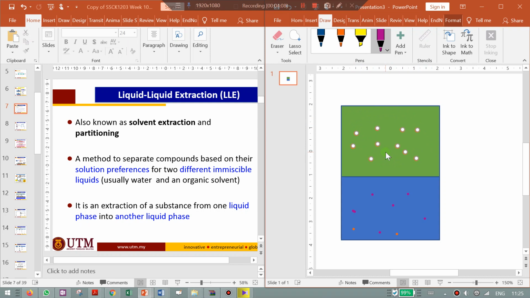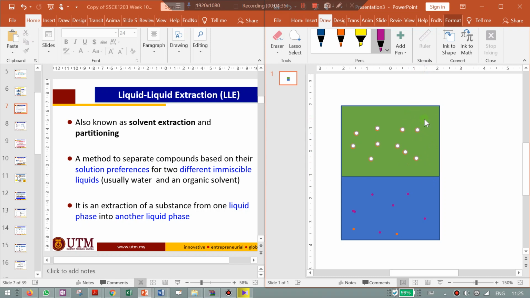So the question is, let's say for example we have water, can we use methanol as the extraction solvent? Okay, it cannot. Why? The first reason, methanol is a polar solvent. Polar solvent will dissolve in polar solvent.